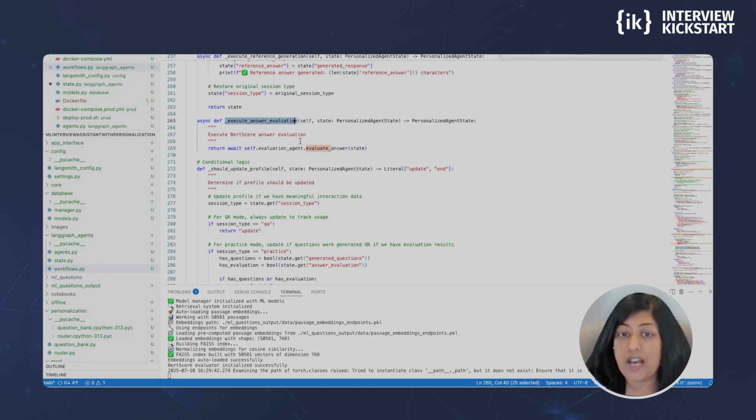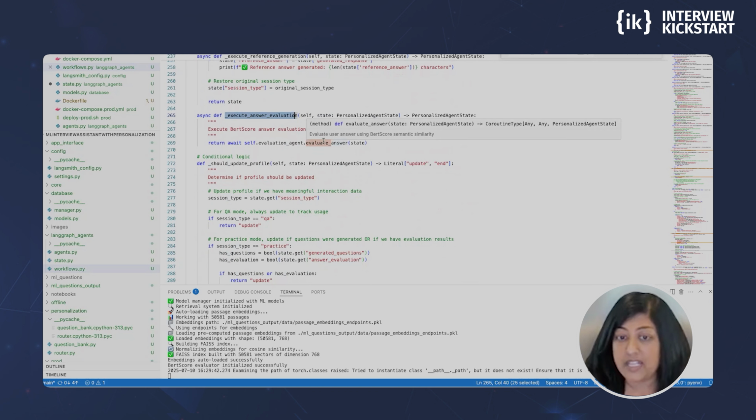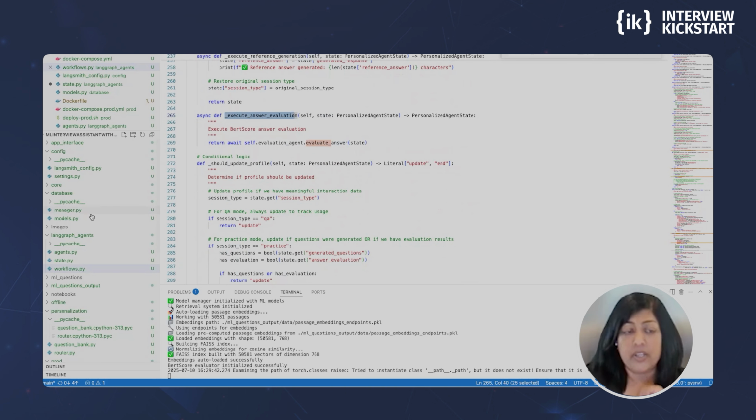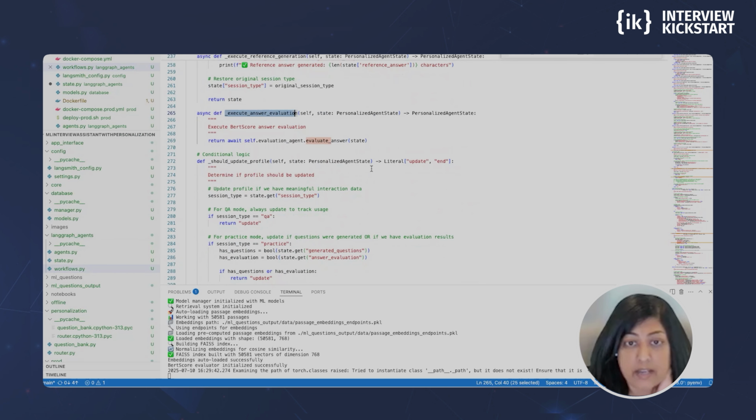It's called the evaluate answer workflow, and this is what you're seeing in here. Okay, so just to recap, what I'm showing you are code snippets mapping the information that I shared on the slides to show you how the ML agentic workflow is being orchestrated by the 3 different graph workflows here.